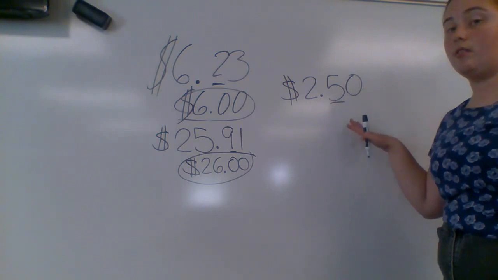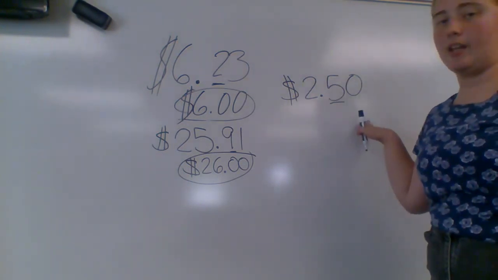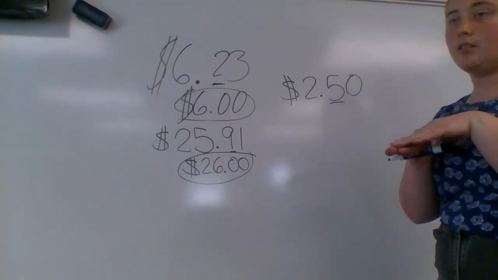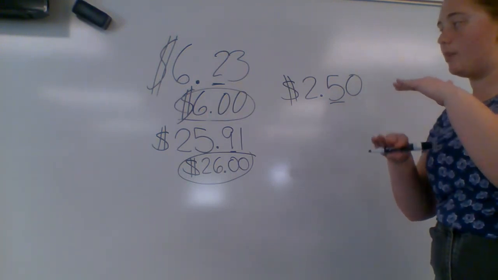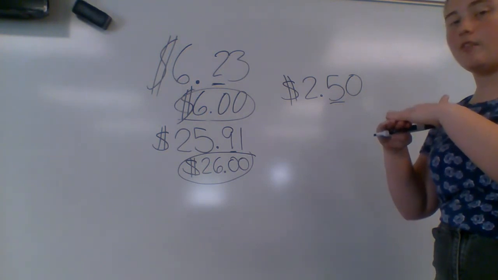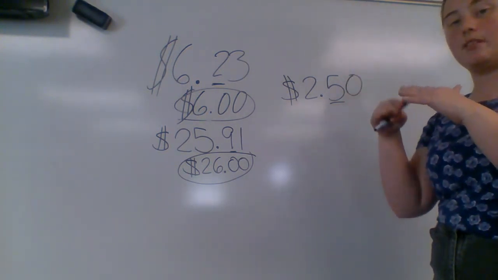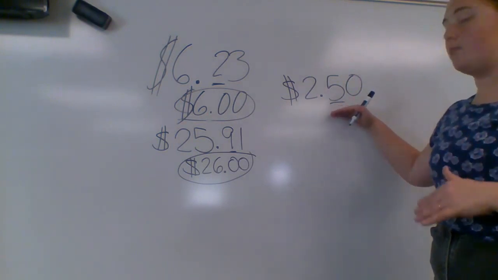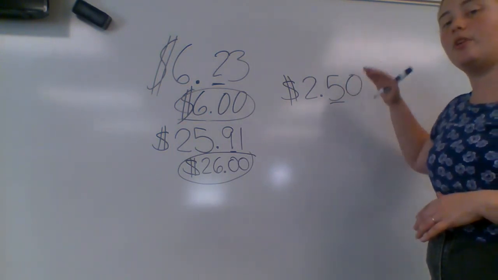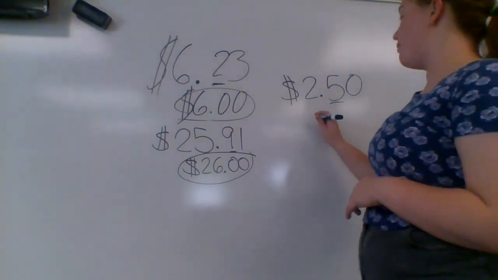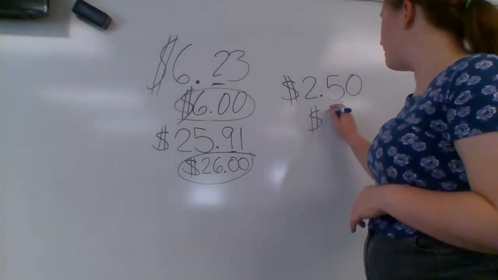Now, 5 is one of those numbers, and I understand this, it's like exactly in the middle. But whenever they were figuring out how to do rounding, they just said, if it's 5, it just goes up to the next number. So 5 is going to go up to the next number, which means it's not going to stay at $2. It's going to go to $3.